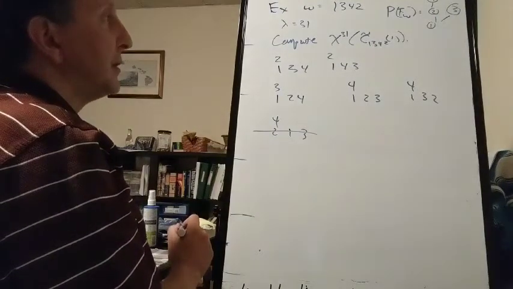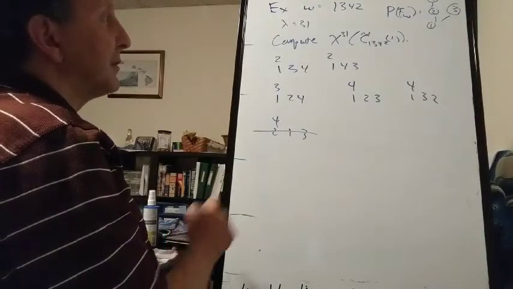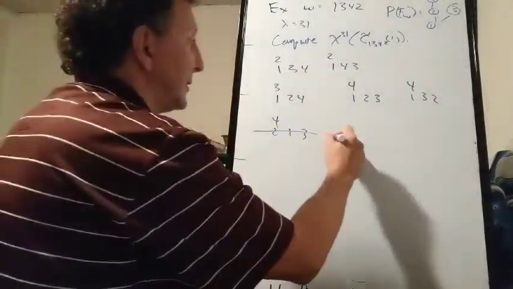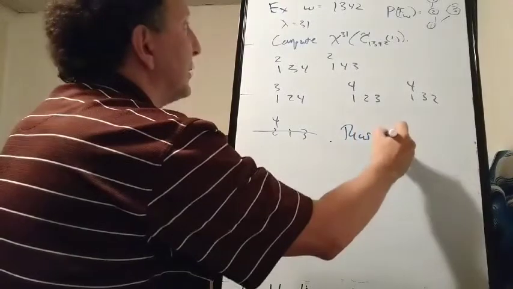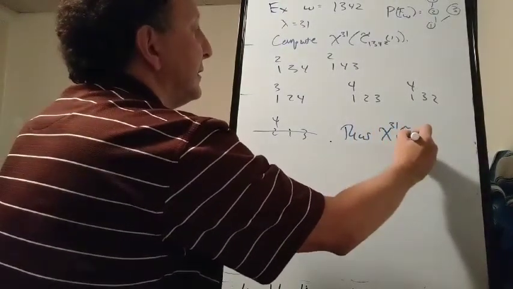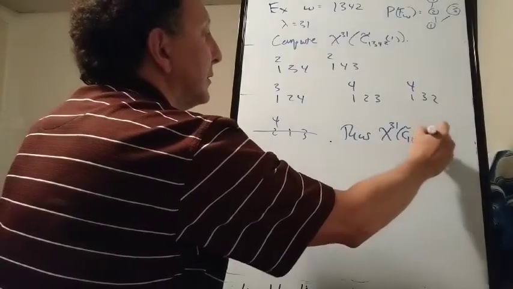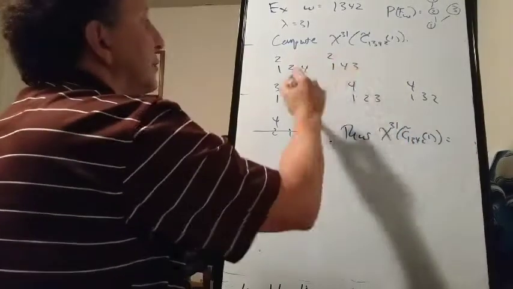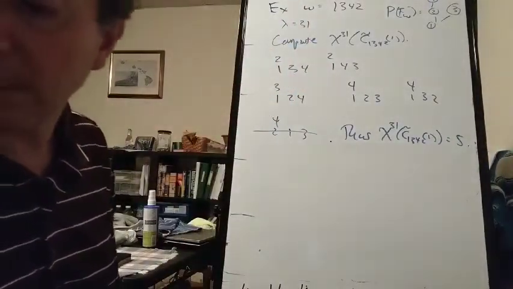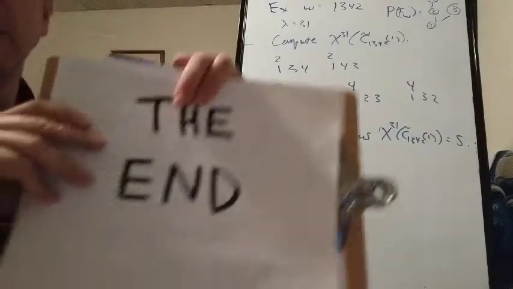And I think we've exhausted all of the different 2-element chains that could be in the first column, so that's got to be it. So thus we have chi 31 of C_1342 equals 1, 2, 3, 4, 5. The end.